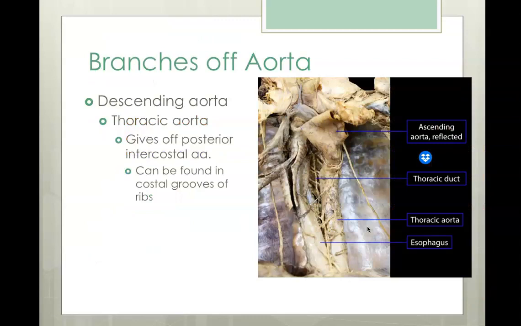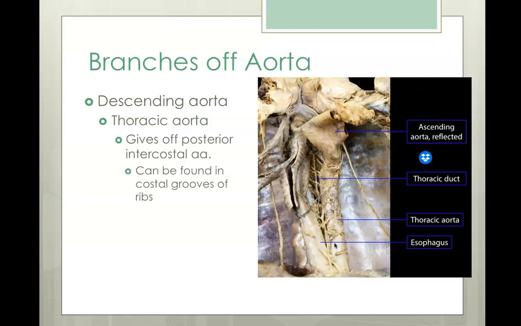So now let's take a look at some of the branches off of the descending aorta, and we'll come back to those other branches going toward the head and the upper limb later in the screencast. So here you could see your ascending aorta has been reflected so that we can focus on your thoracic aorta. And we call this thoracic aorta because we find this portion of the aorta in the thorax.